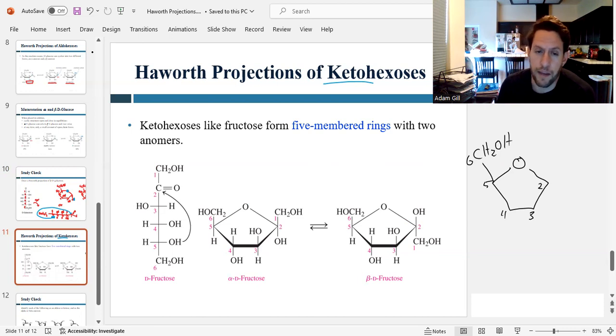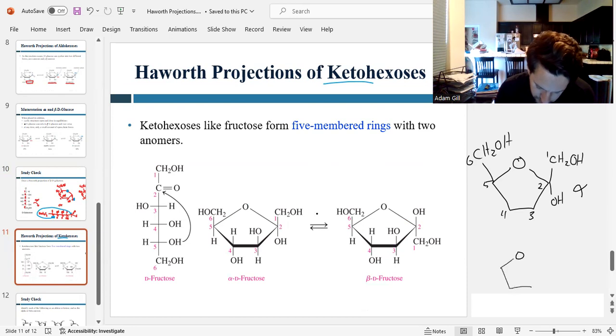And the reason for that is because the carbonyl in a ketose is at carbon number 2. And so that means carbon number 1 is going to be sticking off of carbon 2 like that. And so if the OH is down, this would be your alpha form.